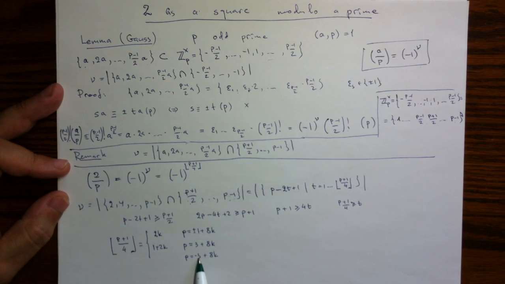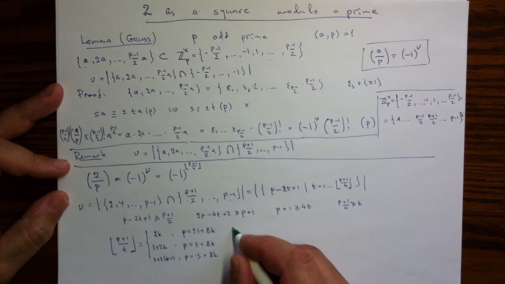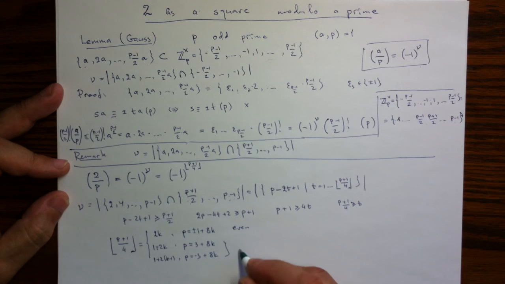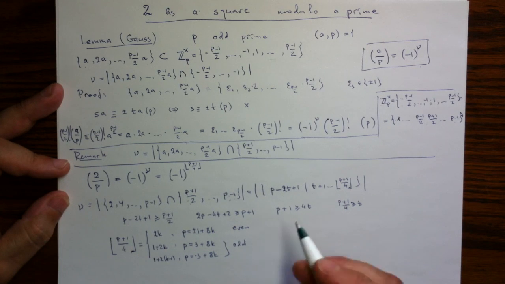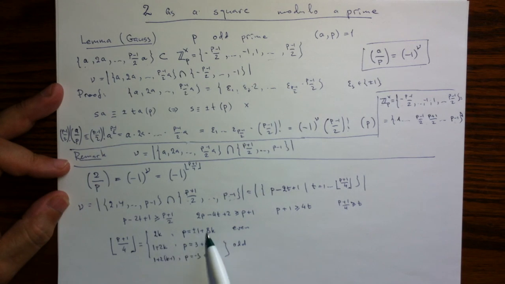And in this case, we will have negative 2 plus 8k over 4. So the integer part will be 2k minus 1 in the second case. But what is important is that in the first case these numbers are even, and in this case they are odd. And so we have a grouping into two.